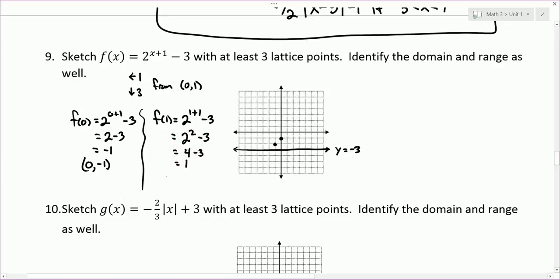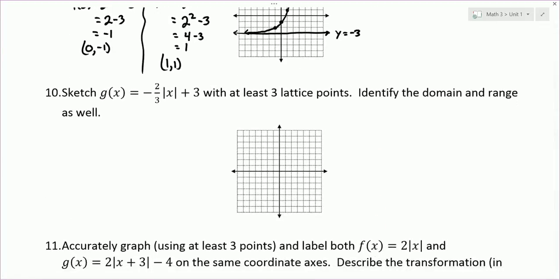And we get a 1 for y. So 1, 1 is another lattice point. And so as we move to the left, our graph approaches that horizontal asymptote. It never touches, it just gets closer and closer to it. We have our 3 lattice points, and there's our graph.